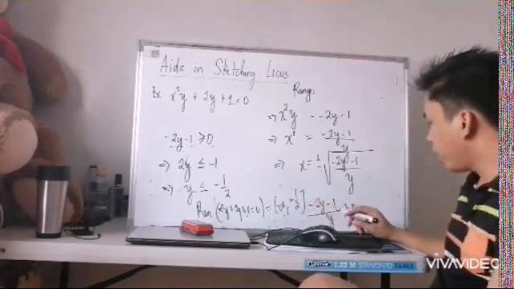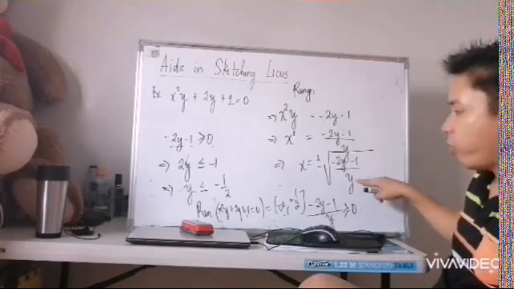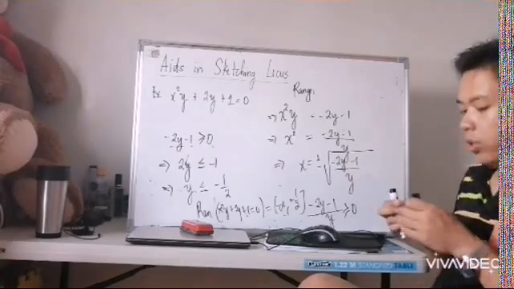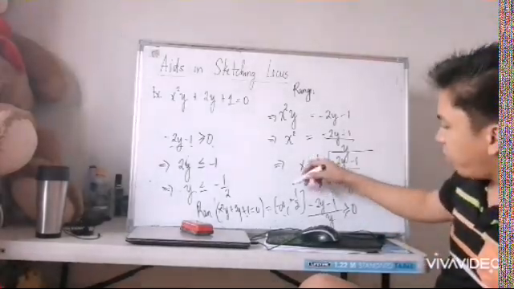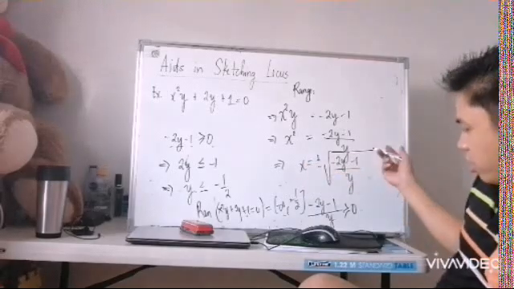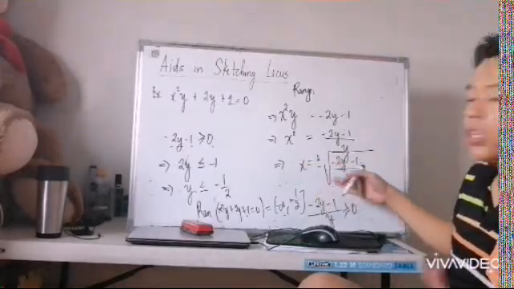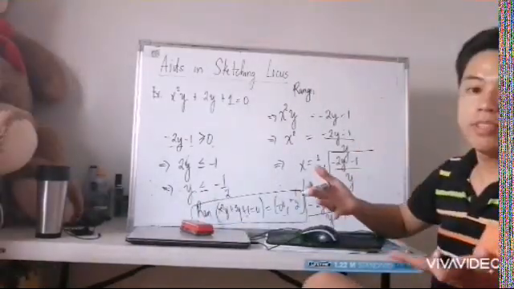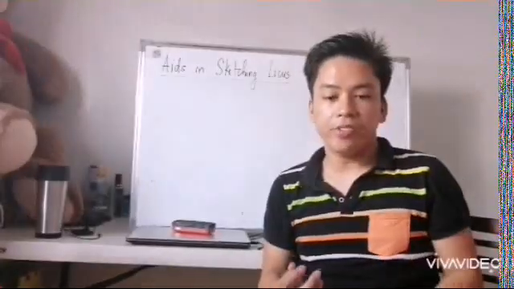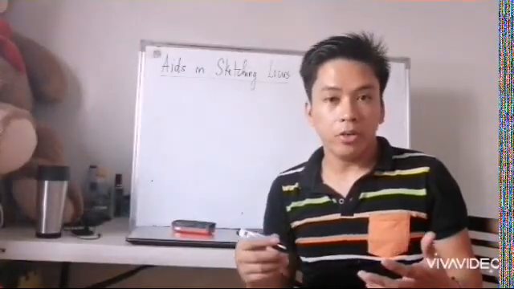But we're not yet sure because the denominator here is y, so we have to not consider 0. Is 0 part of this interval? No. 0 is greater than negative 1/2. Therefore, this is already the final answer. That's it. So we're done with the part for the domain and the range of a locus.